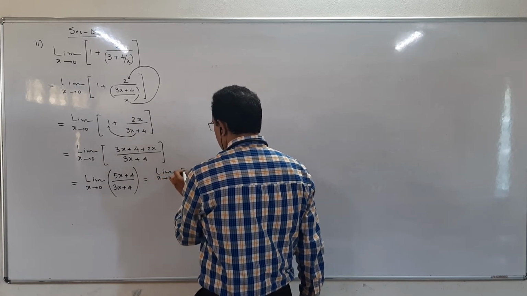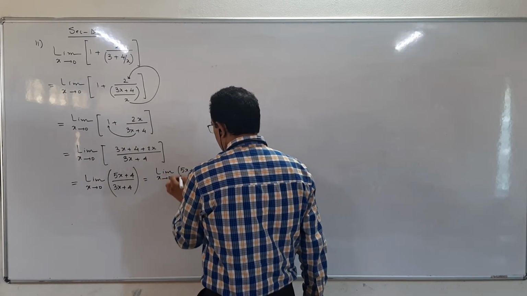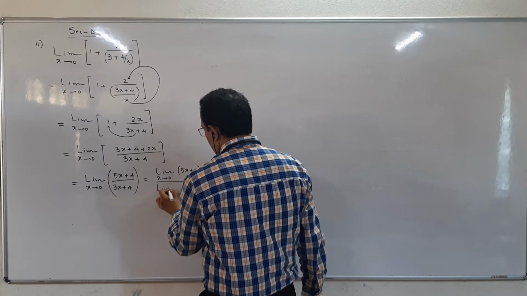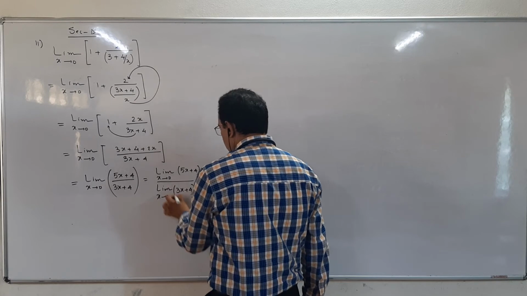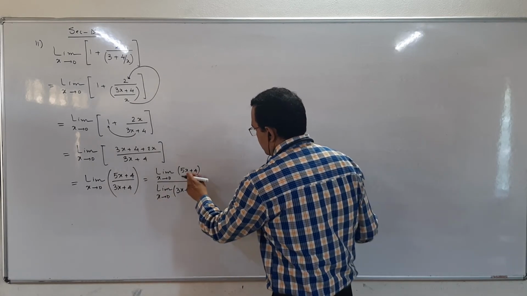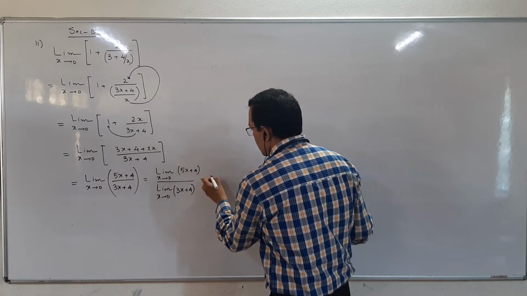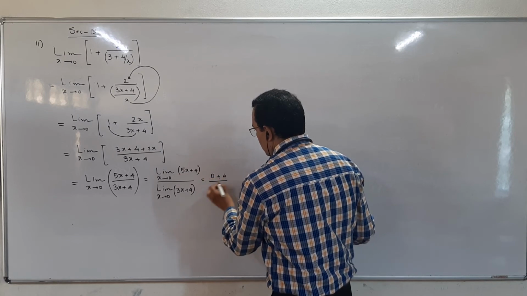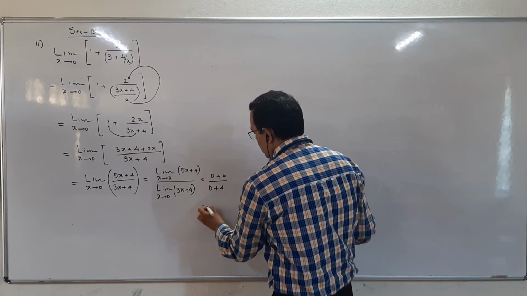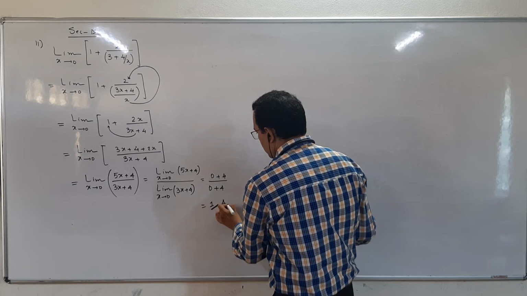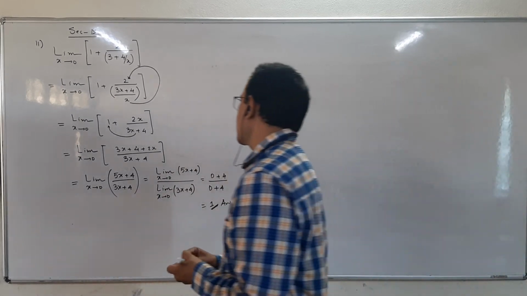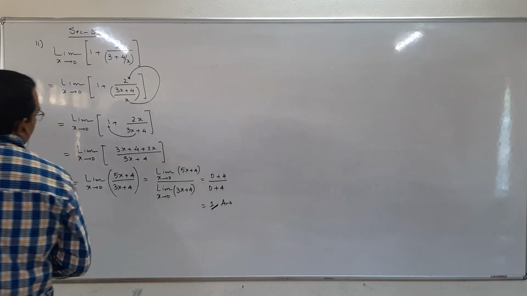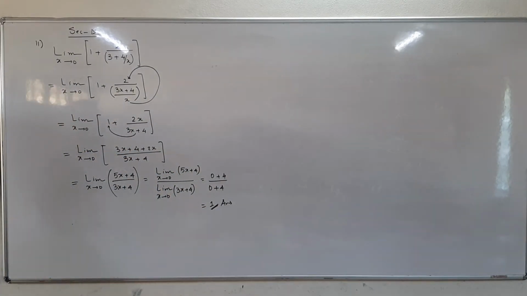So limit x tends to 0 numerator upon limit x tends to 0 denominator. Wherever there is x, it is 0. 5 into 0 is 0, plus 4 upon 0 plus 4. So the answer is 4 by 4, so 1. So this is how, students, we do the sum.